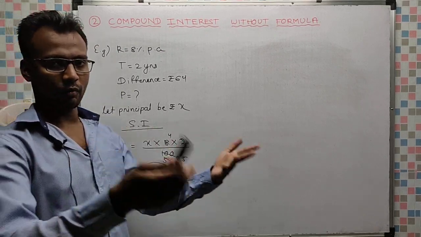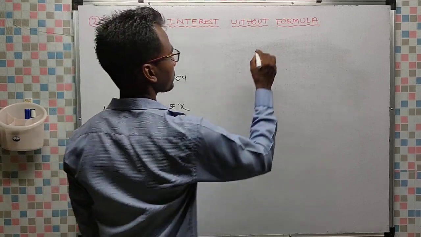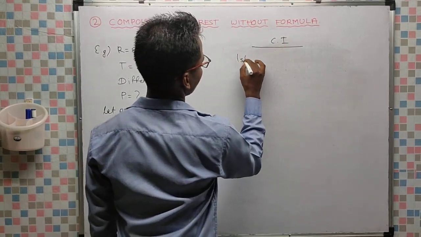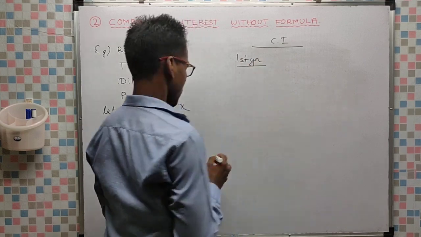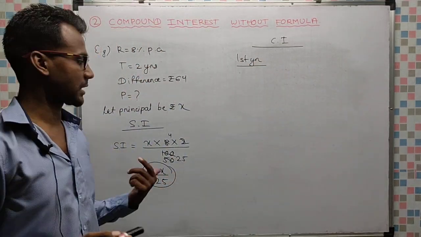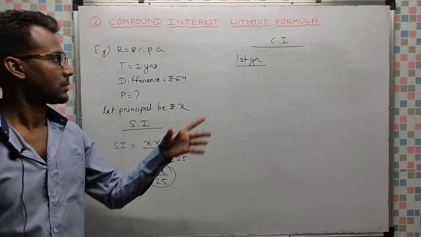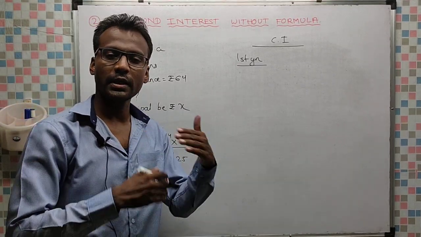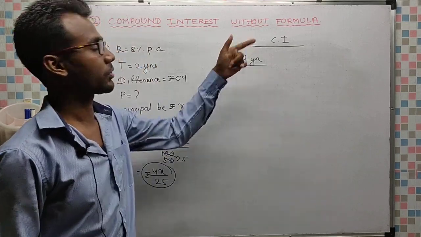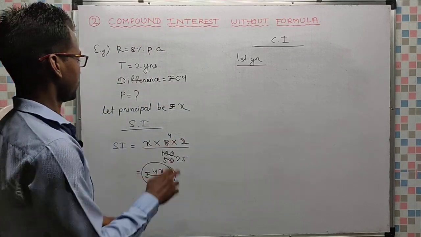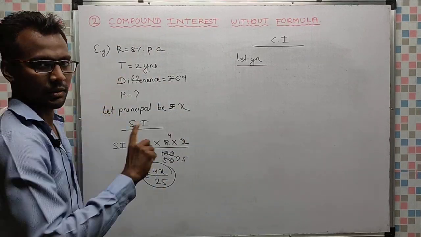Now let us go for compound interest. Simple interest is very simple, that's why its name is simple. We can directly calculate simple interest for 2 years, but in case of compound interest, we have to do it year by year, because this is without formula. Principal is X, rate is 8%, time is 1 year.